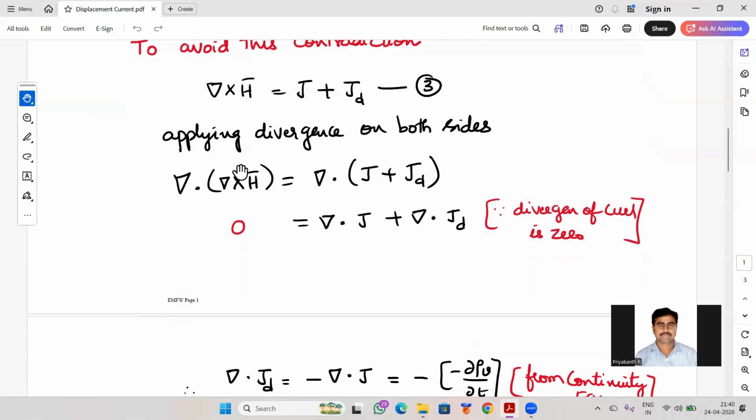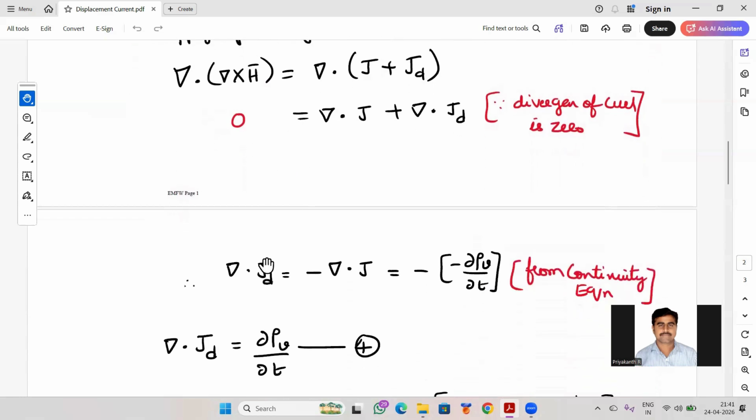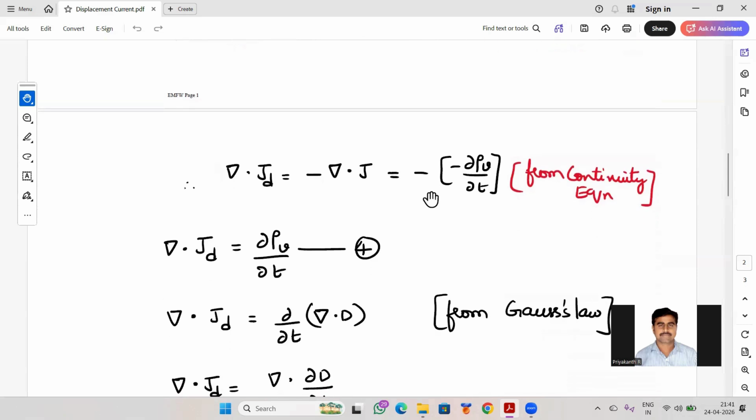As usual, on the left hand side, divergence of curl for any vector is 0. And here we observe that del dot J is replaced by minus dou by dou t of rho v from the continuity equation. Therefore, del dot JD takes the form of the time rate of change of the charge density rho v.